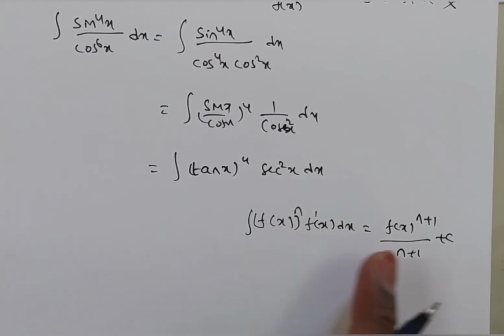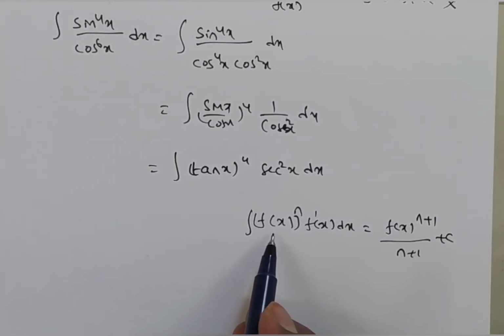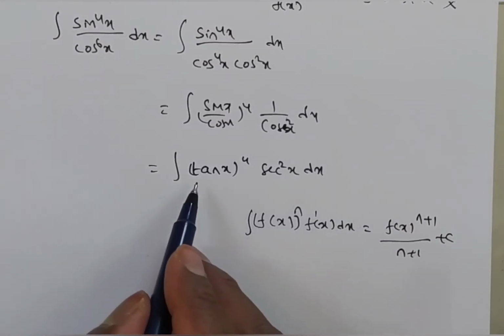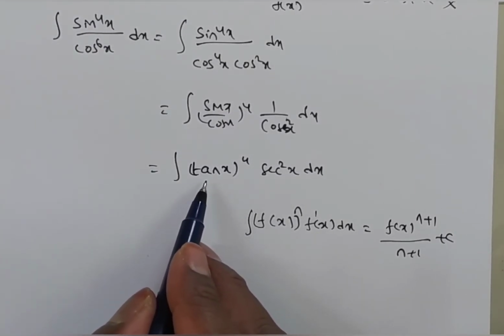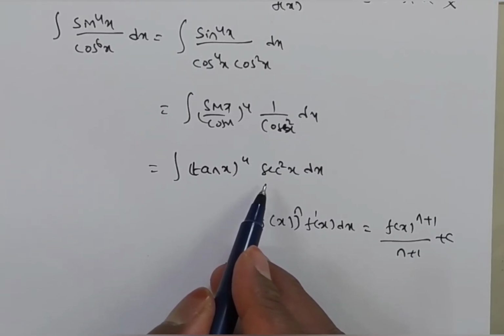That is, a bracket with power n is there; if the bracket's derivative is beside it, then we write bracket power plus 1 by power plus 1 plus c. Is it clear for everyone? Here f of x is the bracket you consider, and this bracket's derivative is beside. Now here you have tan x. If you consider it as f of x, what is the derivative of tan x? Secant square x. That is beside only, or not?